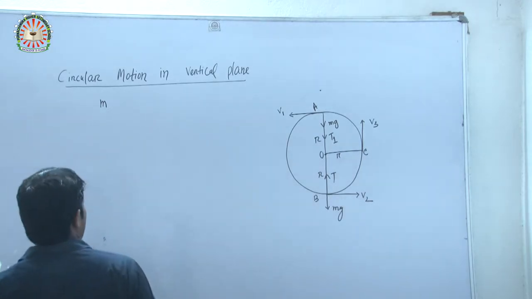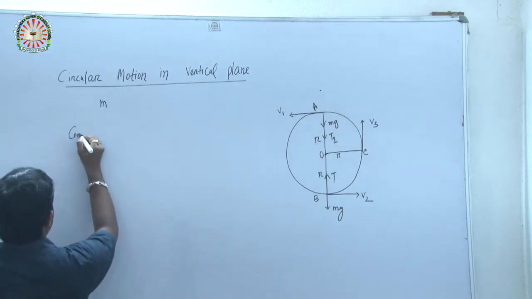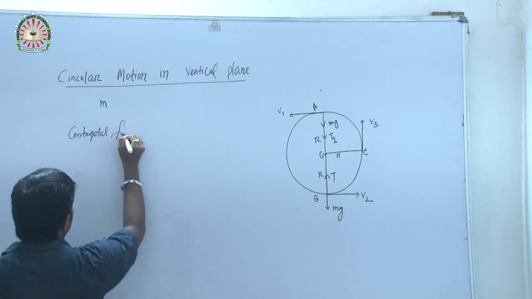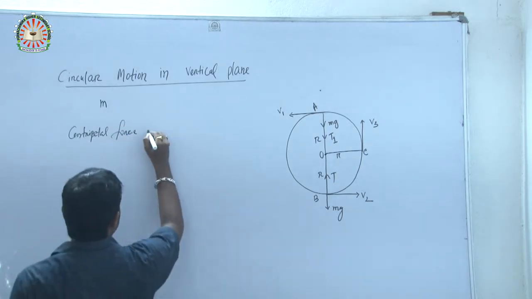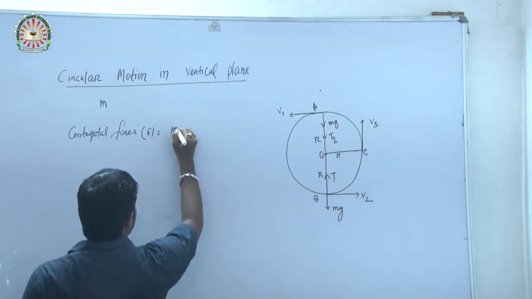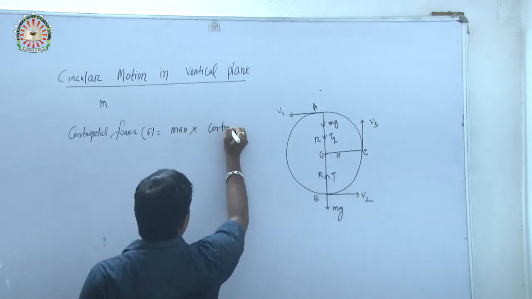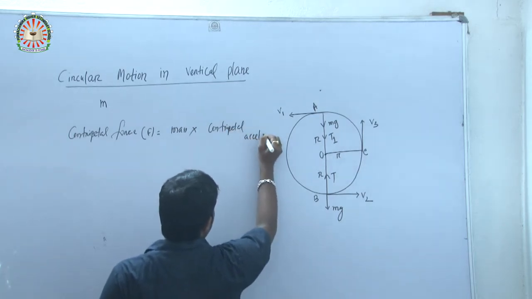Okay. So now let us first know about the centripetal force. The centripetal force F is equal to mass into centripetal acceleration.